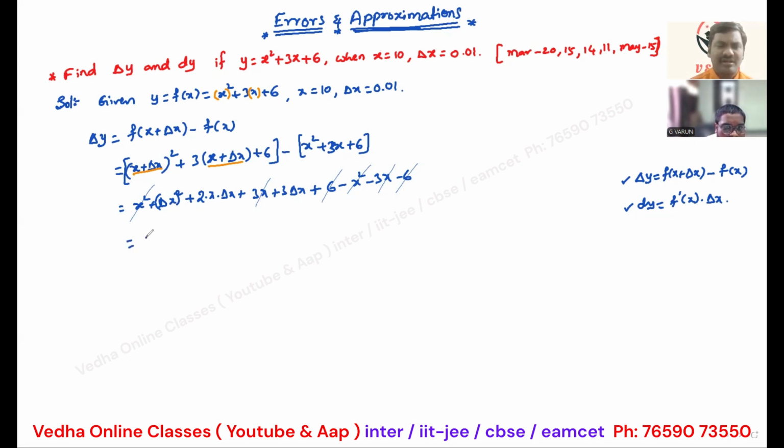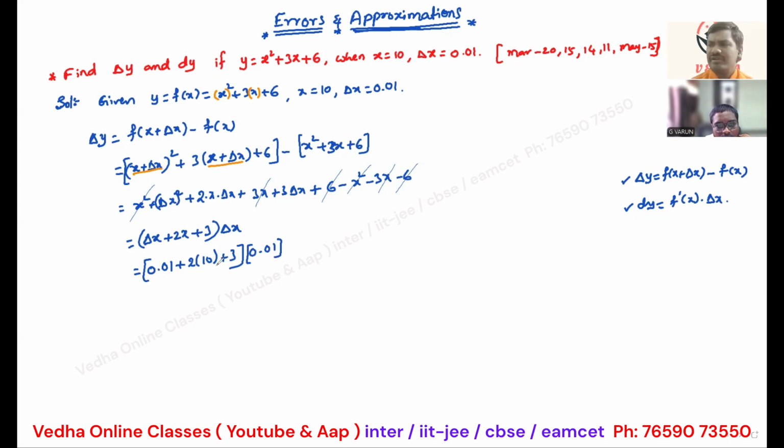So delta x common means one more delta x, and here 2x and plus 3, into delta x. Now substitute the values. Delta x is 0.01, plus 2 into 10, plus 3, into delta x, which is 0.01.